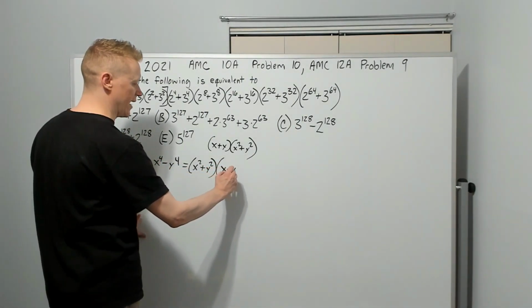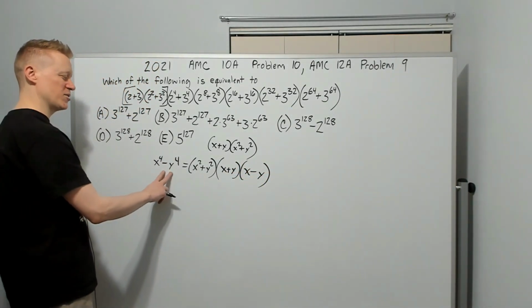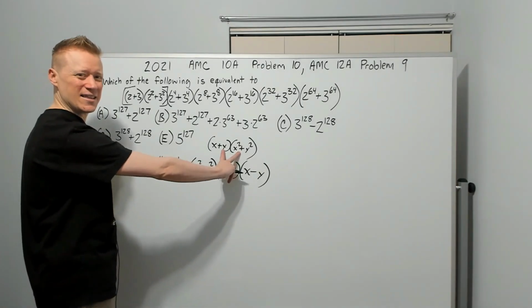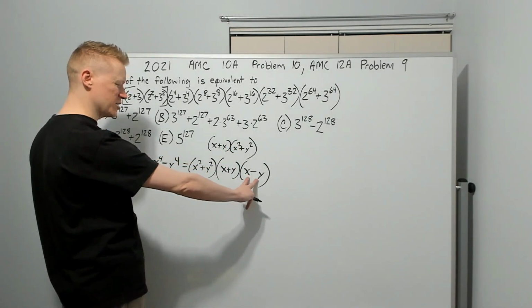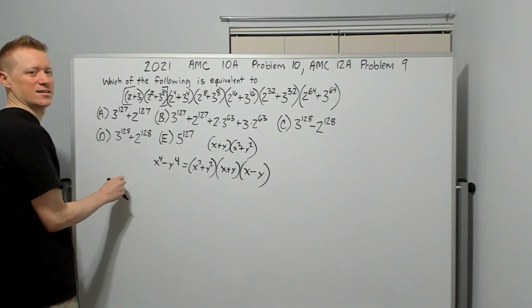So you write x plus y, x minus y. Interesting. So this looks a lot like that. If I just multiplied it by x minus y, it would look like this.